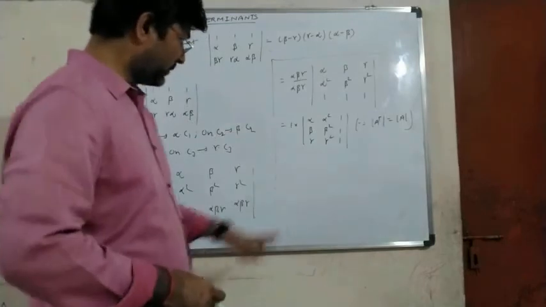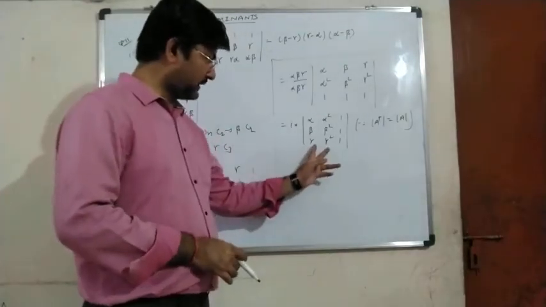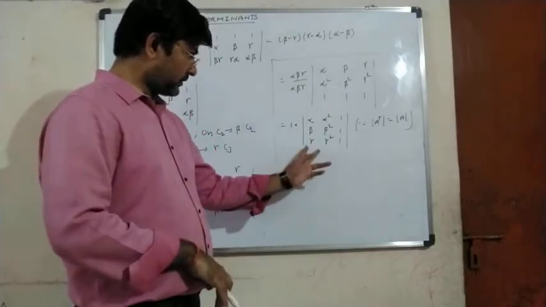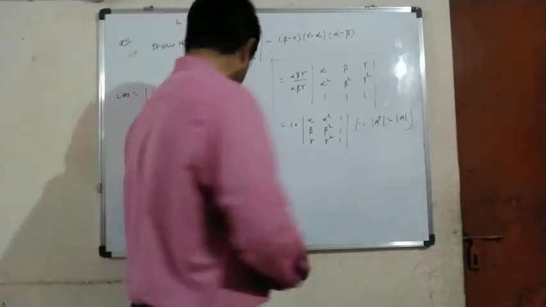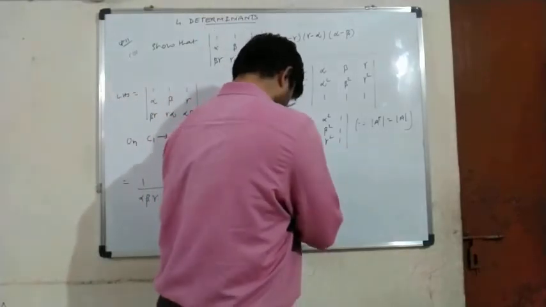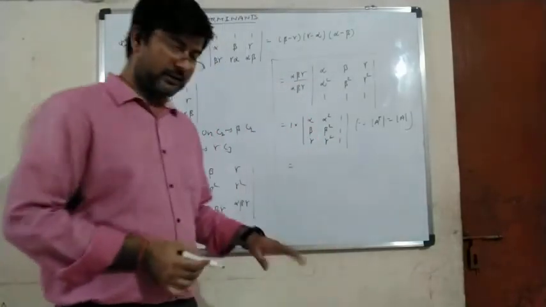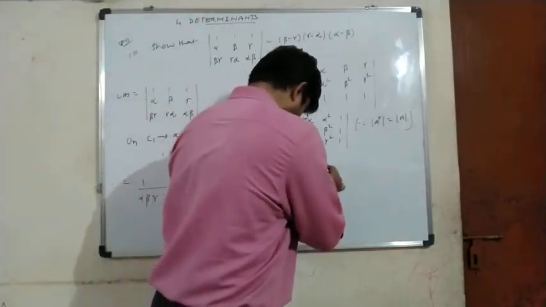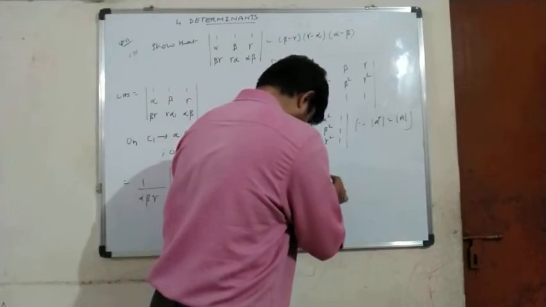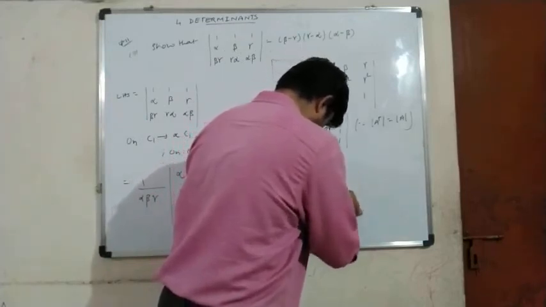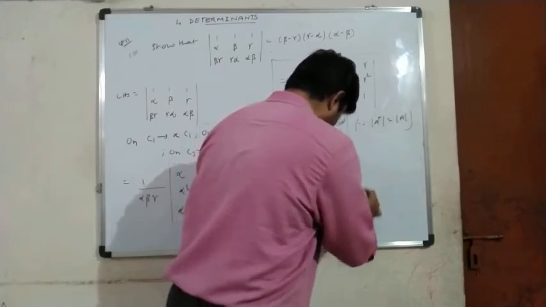Clear? Now a few changes we will make. Okay, we will interchange, yes or no, the first and the second row. Clear? So let us interchange. Okay, so on interchanging first and the second row, the value of determinant will be minus alpha square, beta square, gamma square, alpha, beta, gamma, 1 1 1.